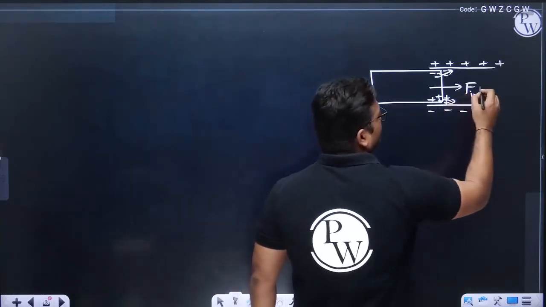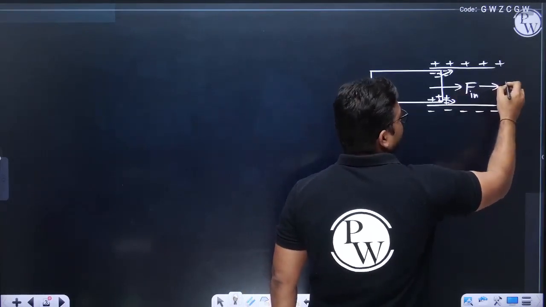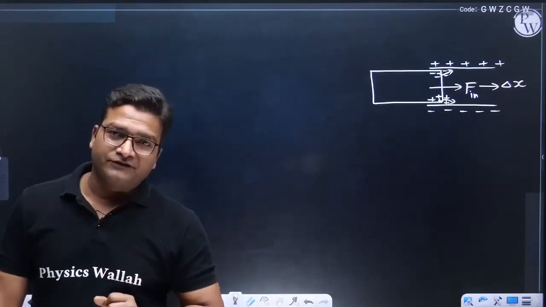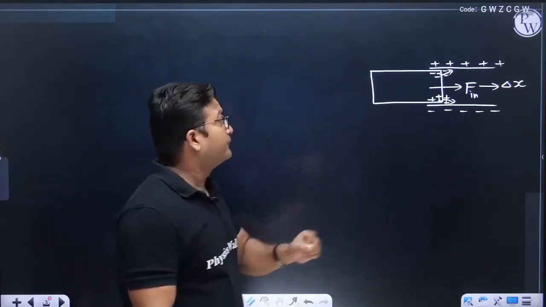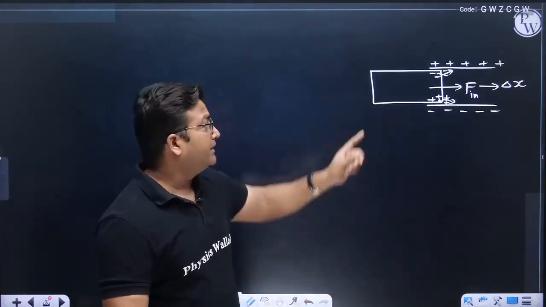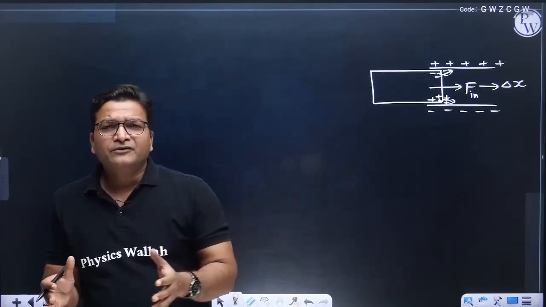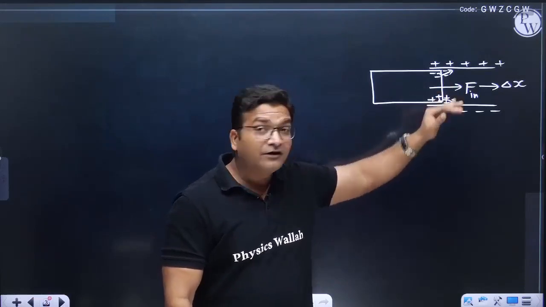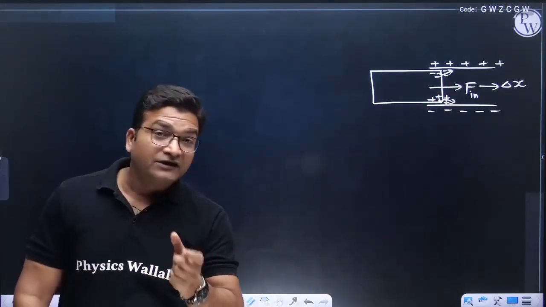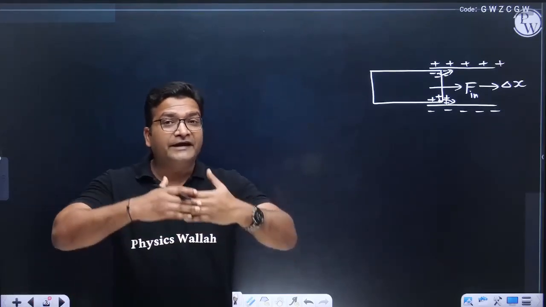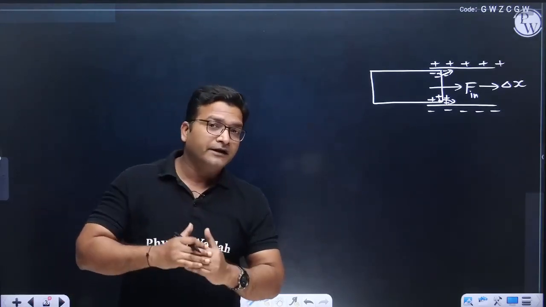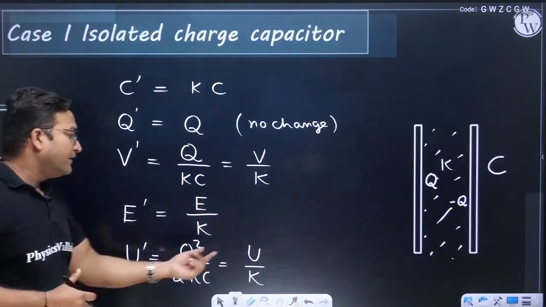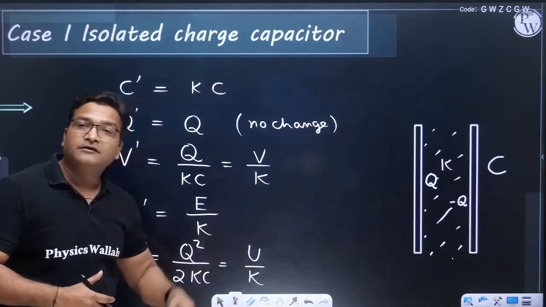As the slab is moving in, the displacement is also in the direction of force. So we can say the electric force, or the capacitor, does positive work on the dielectric slab. And as you know, if an internal force of a system does positive work, obviously the energy of the system decreases, and that is why we have seen the new energy is K times smaller than the old energy.